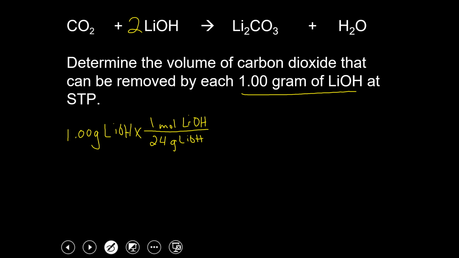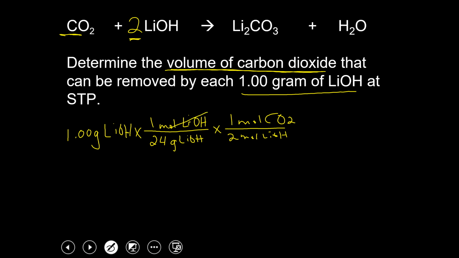Once you have converted your starting amount to moles, remember the mole to mole ratio. We're trying to find the volume of carbon dioxide. So we know that 2 moles of lithium hydroxide react with 1 mole of carbon dioxide. I'm going to put the lithium hydroxide on the bottom and the carbon dioxide on the top.